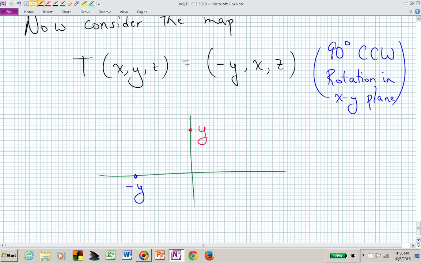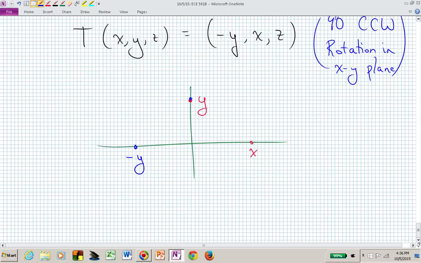That's the new x. The original x was, let's say, here. This is really going to get confusing, but where does it go? X now becomes y. So now the red right angle becomes the blue right angle, and it's a counterclockwise rotation of 90 degrees. That's the idea behind that picture.